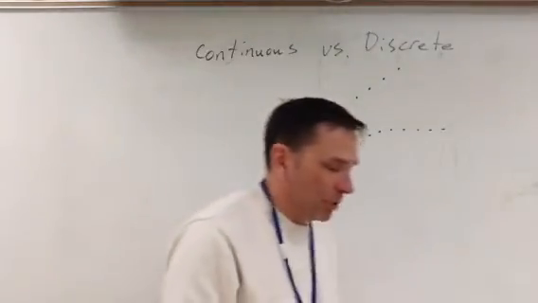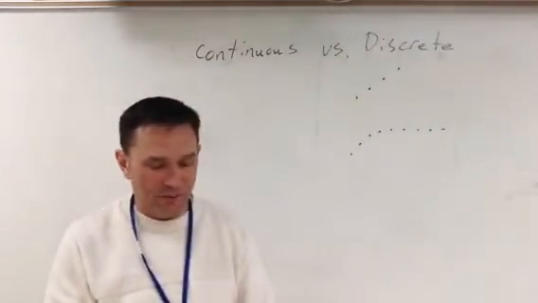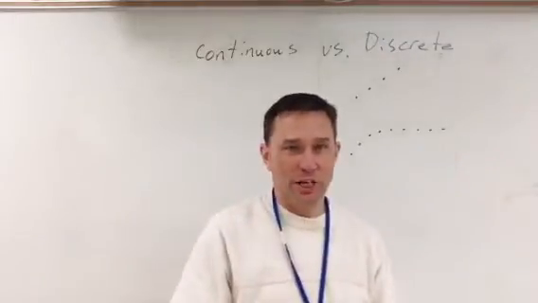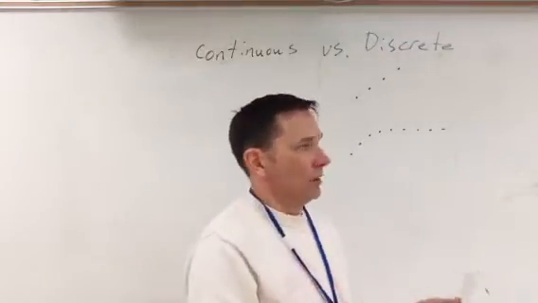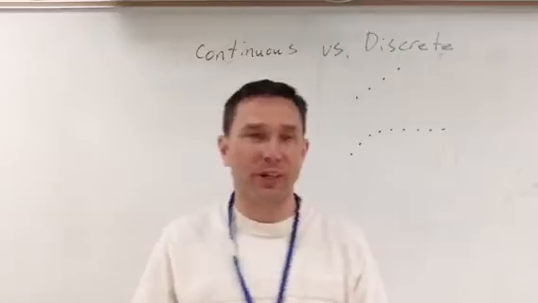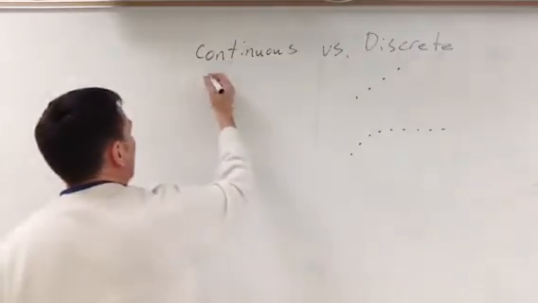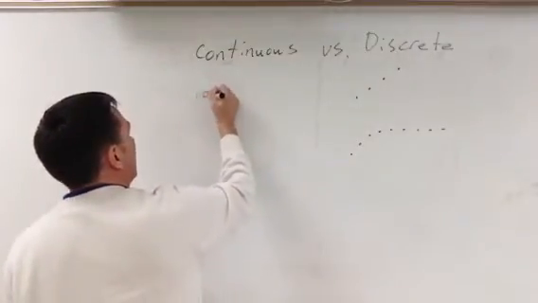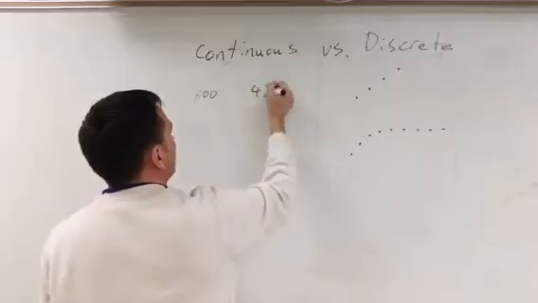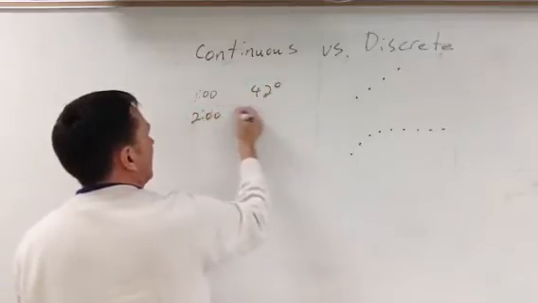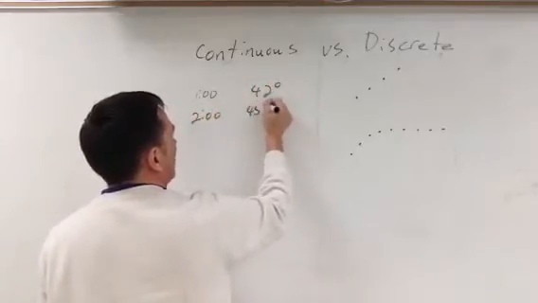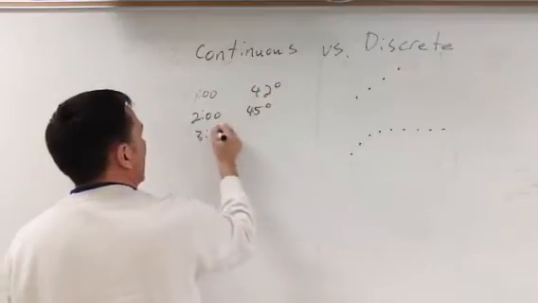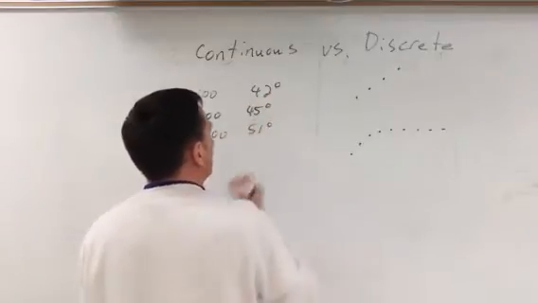So some examples of continuous graphs. Think about temperature change. Okay, from 1 o'clock to 2 o'clock to 3 o'clock. If we had something like this, at 1 o'clock it is 42 degrees. At 2 o'clock it's 45 degrees. At 3 o'clock it's 51 degrees.